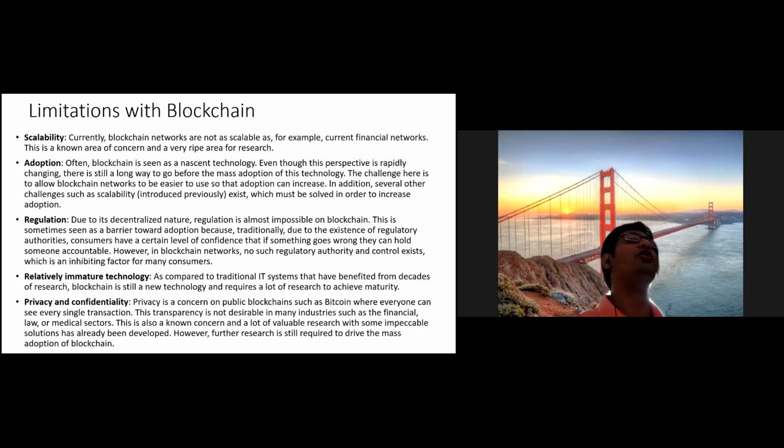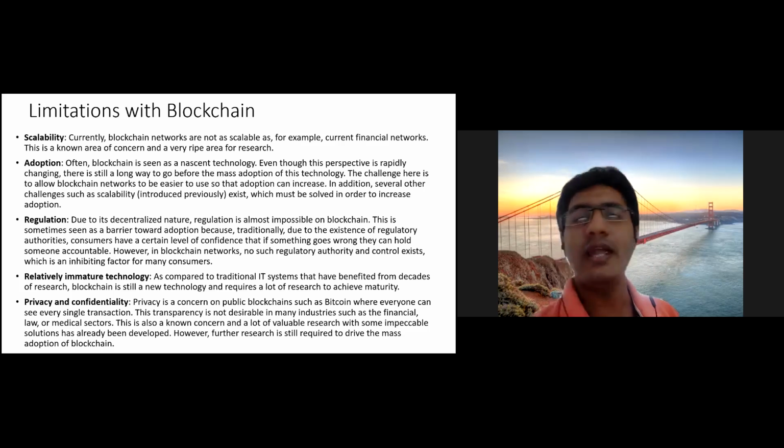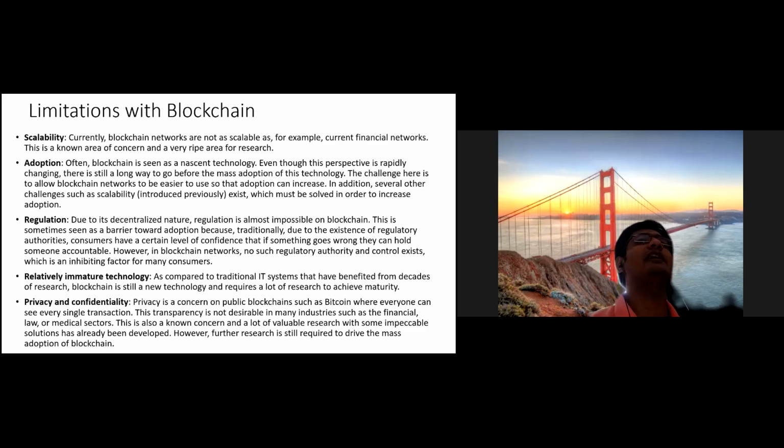Adoption is a huge challenge because there are traditional setups, and changing traditional setups within organizations or entities is a little bit challenging. So adoption is a limitation with the blockchain.